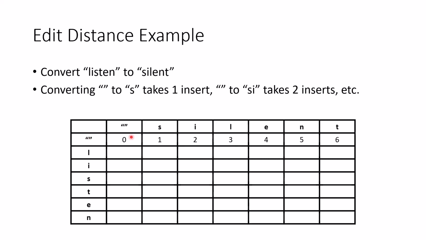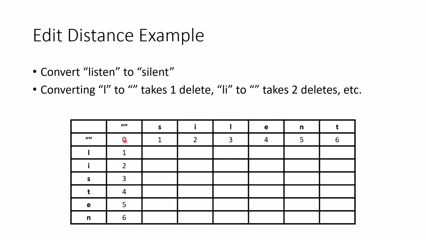So converting nothing to nothing requires nothing. Converting nothing to s is only going to require one insert operation where we insert the s character. Going from nothing to si is just inserting s and inserting i, so that's two inserts, and so on. So it's just going to increment all of these accordingly.